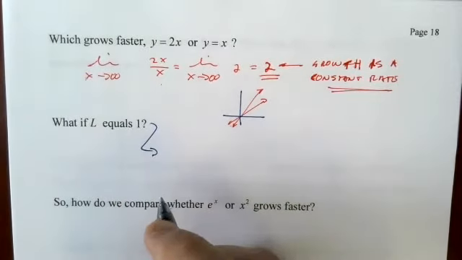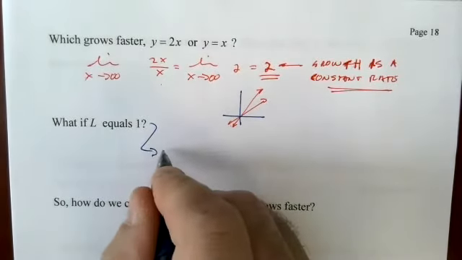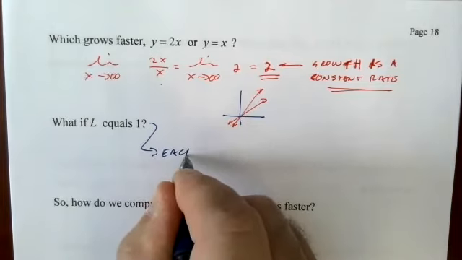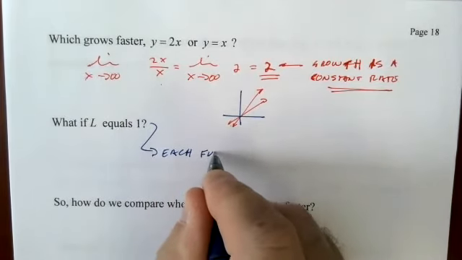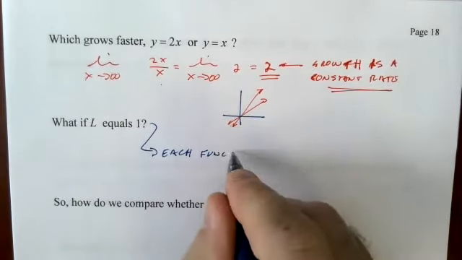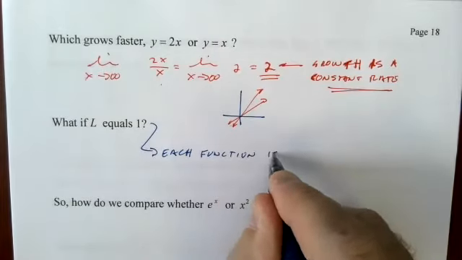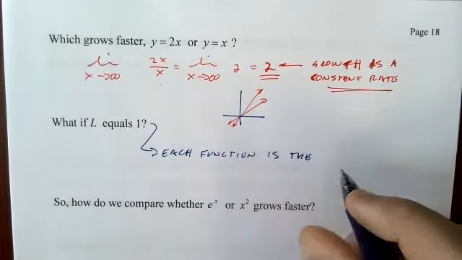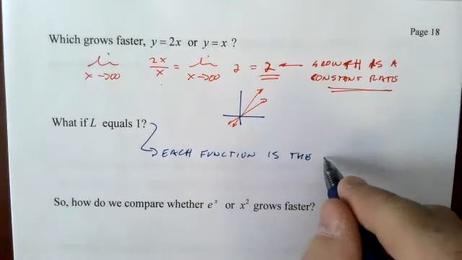Get used to that. But what if L equals 1? Then we use this weird little expression. Each function, and again, we're on positive, is the right-hand behavior.